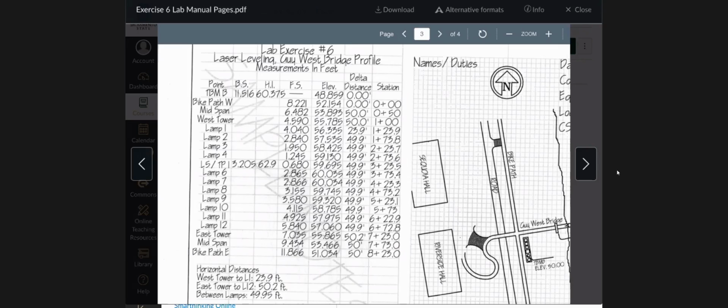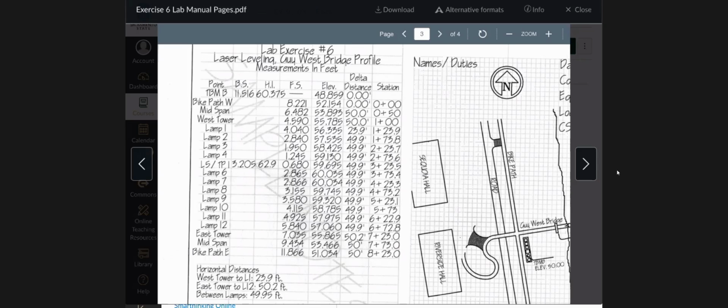That's the same location that you took your back sight to last week. And that's the same location, the manhole, that you established the elevation on in lab 3. Okay. So go back, grab your elevation from last week of the manhole that you used to start your level loop in lab 4. Okay.